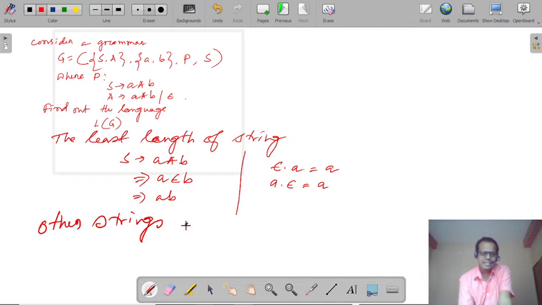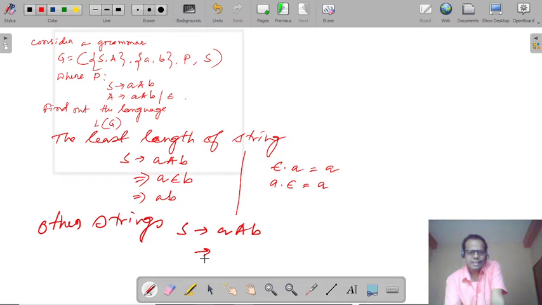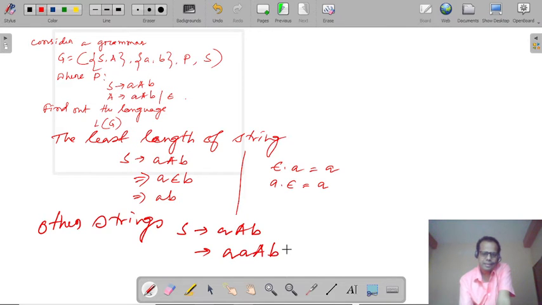Now the other strings. S implies a A b. A is also substituted by a A b, where we are using the production A implies a A b.